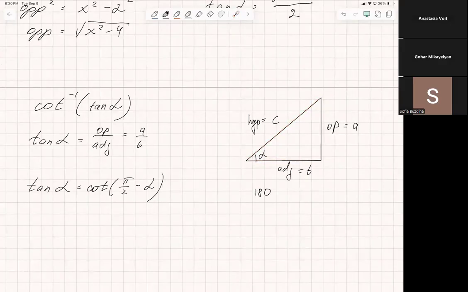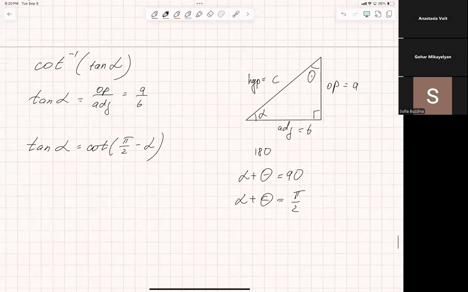This one is already 90, so let me mark the other angle as theta. Alpha plus theta should be equal to 90 degrees, or pi over 2. If you solve for theta, that would be pi over 2 minus alpha.